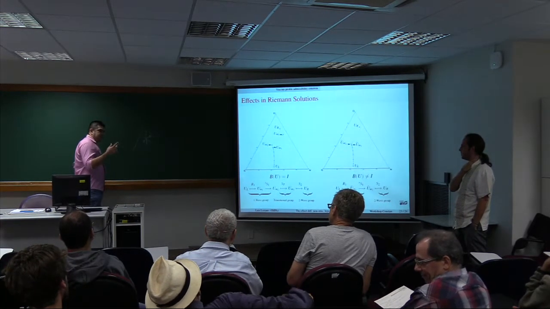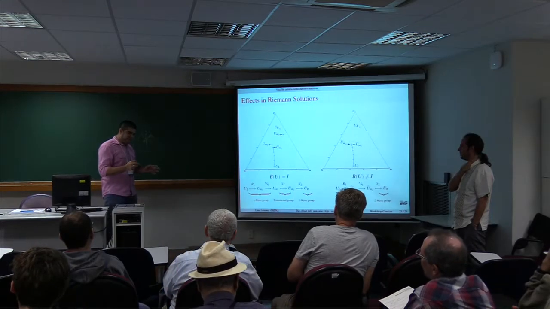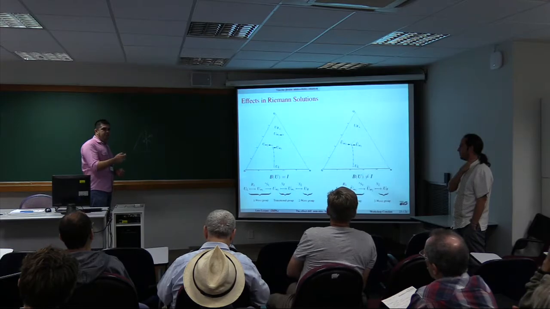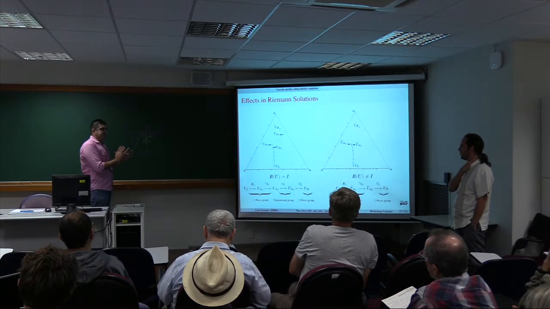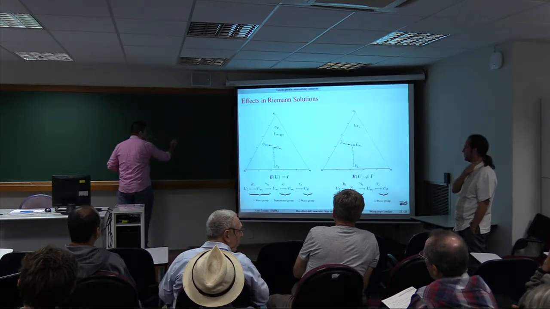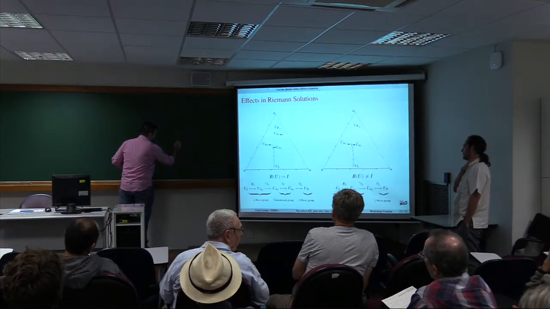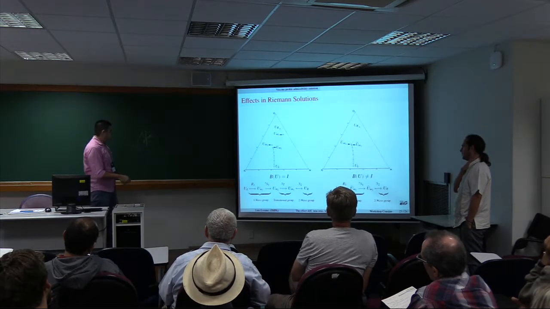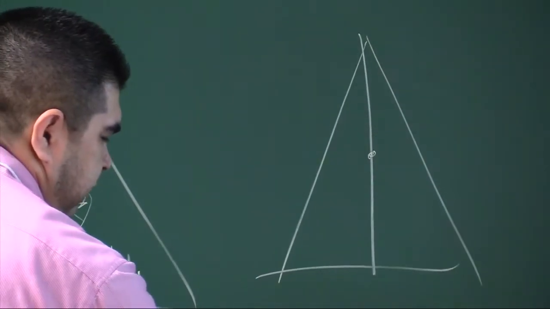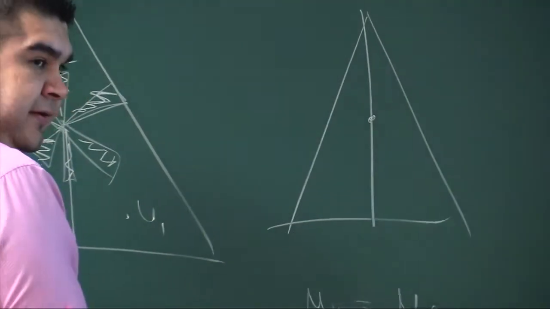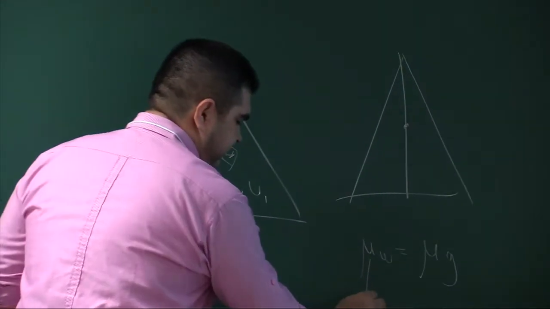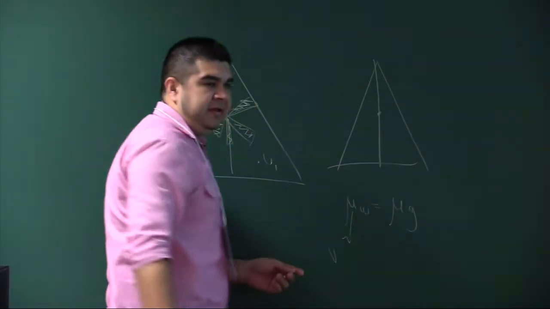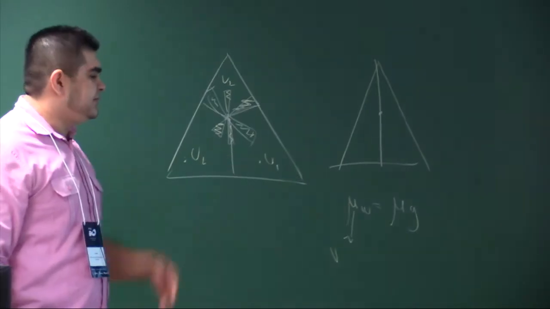We have two things. First, if you change the point, the umbilic point changes. For example, if you have an umbilic point over this symmetric line, when you consider mu W equal to mu G, this is the viscosity of the water, viscosity of the gas, the oil, no, the gas, sorry.